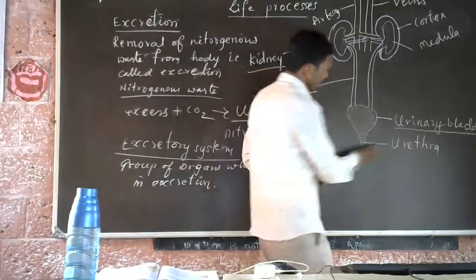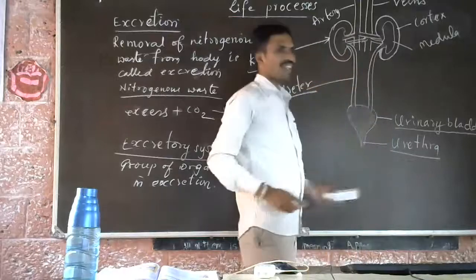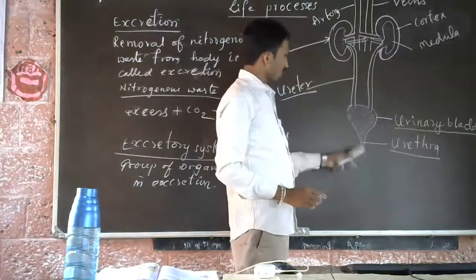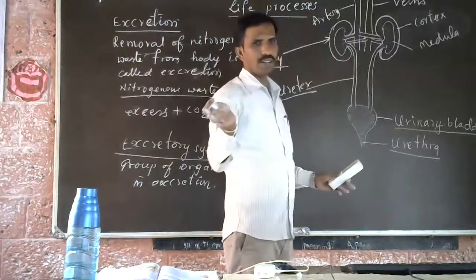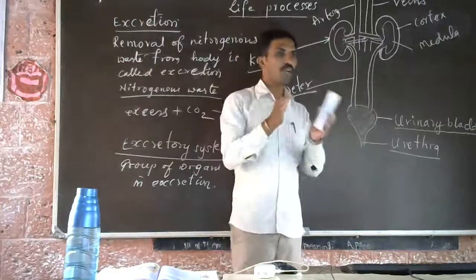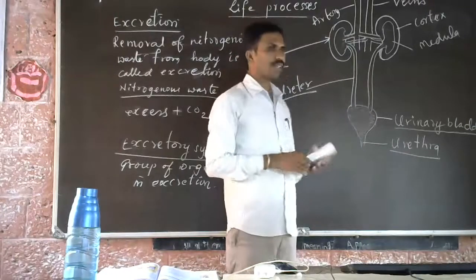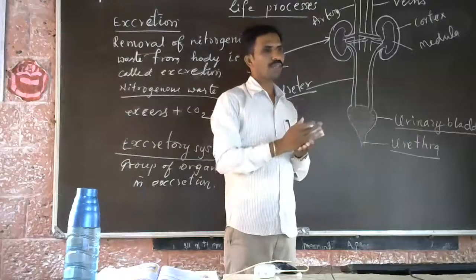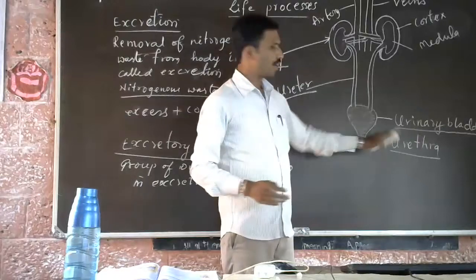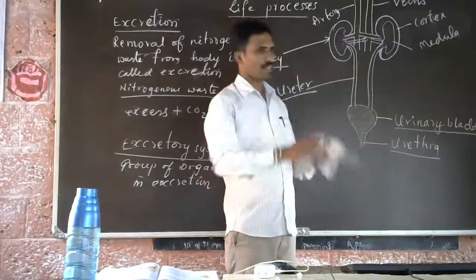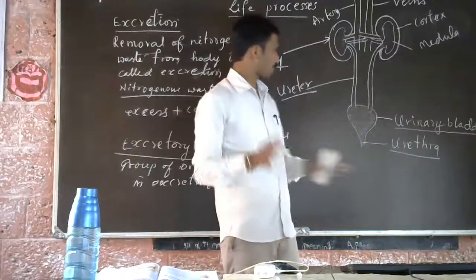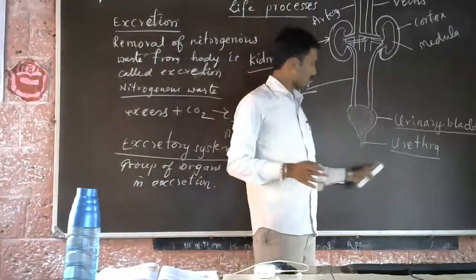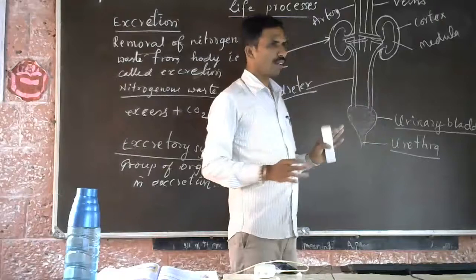Then by the help of a small opening called the urethra, which is connected to the reproductive system, the urine is removed by the help of organs present in the human reproductive system. The urethra is the last part which removes the urine.